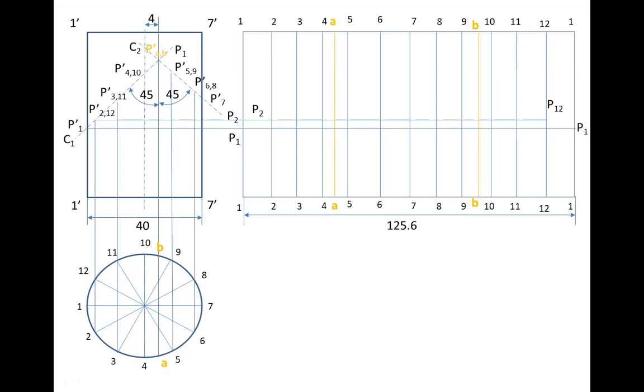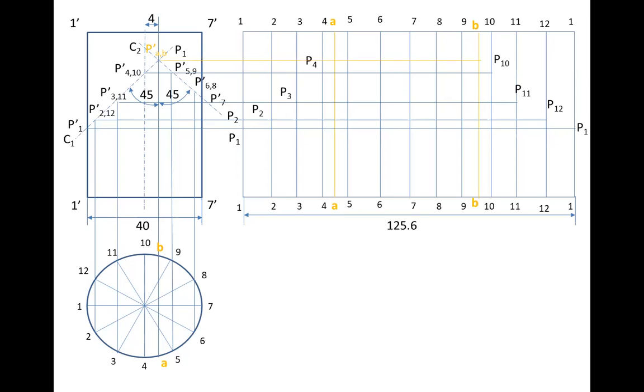So P2 and P12. Similarly, project from 3, you will get 3 and 11. So here from this 3 here and 11 here, these are the points. So mark these points. Continue this work for 4 and 10, you will get P4 and 10.